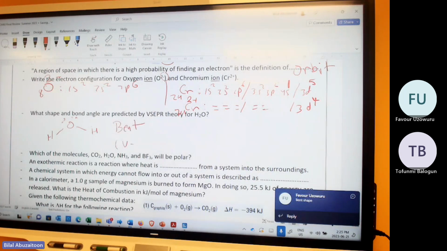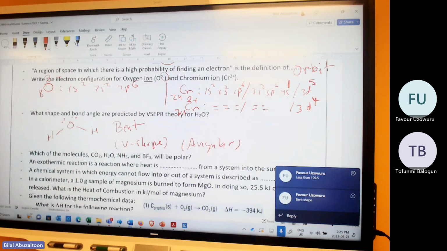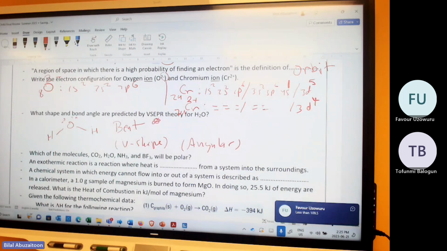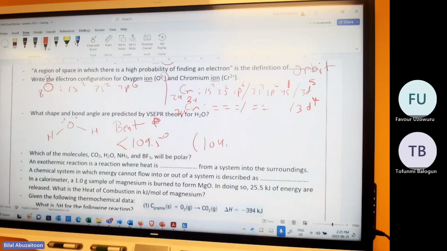We call it V shape as well, or angular. All of them are correct, but mainly we use bent. The angle is less than 109.5 degrees, or specifically 104.5. Either is accepted.